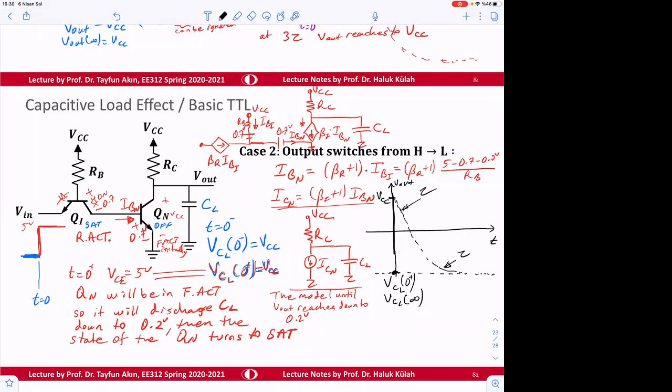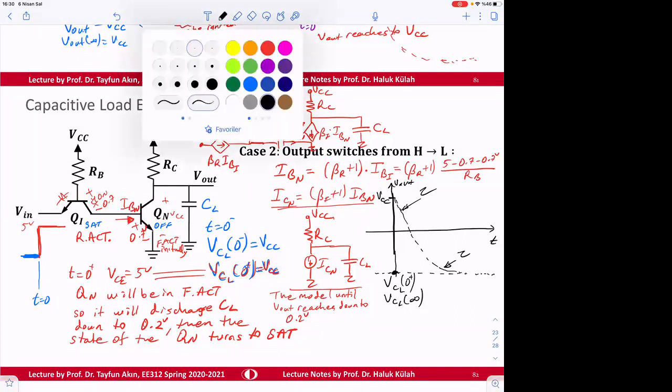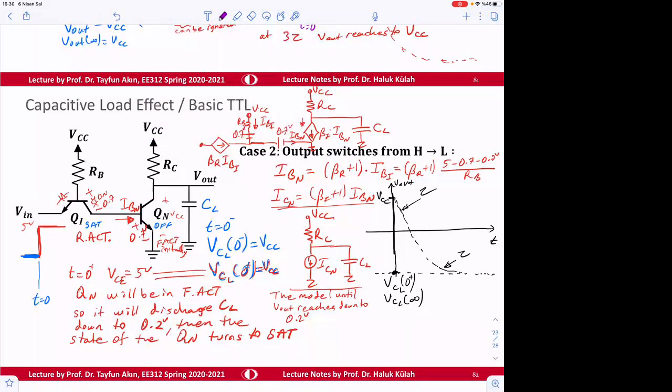At infinity, when it's fully charged, that's the value. So let's go to maybe, I don't know, this color. So what is this value? V out at infinity. How do we determine that?